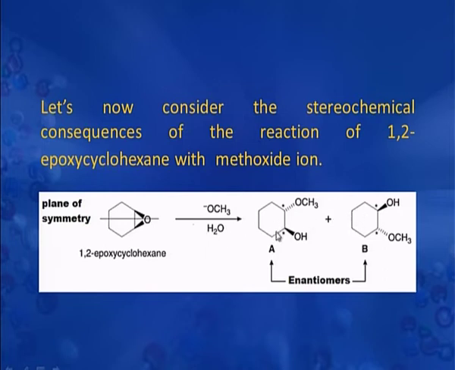But if you look at them, you will find that both of them are almost similar. What is the difference between the two? They rotate the plane of plane polarized light in different ways, and that is why they are called enantiomers. Nucleophilic attack of methoxide occurs from the back side at either of the two carbon-oxygen bonds. The reason is both the ends are similarly substituted.